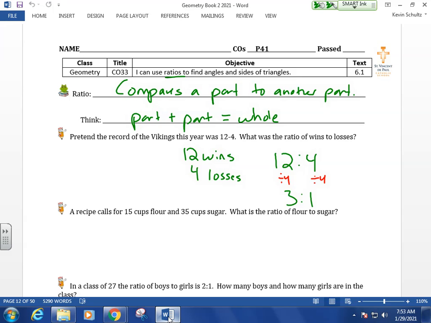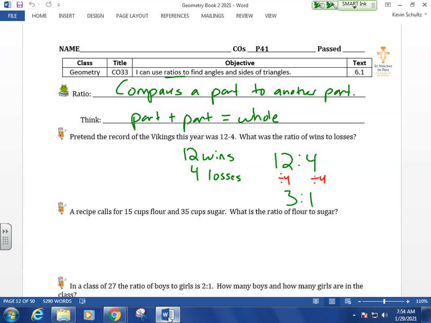All right. The next one, a recipe calls for 15 cups of flour and 35 cups of sugar. What is the ratio of flour to sugar? Ratios come up a lot in baking, right? And those of you that bake know, sometimes you want to double a recipe. Sometimes you want to only use half the recipe. When you double a recipe, you have to make sure that you are doubling every ingredient, right?